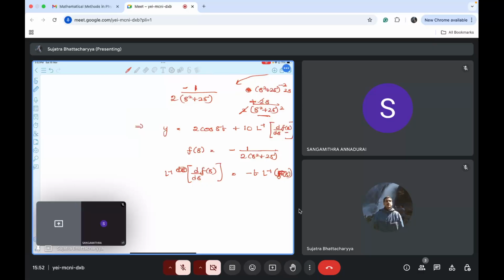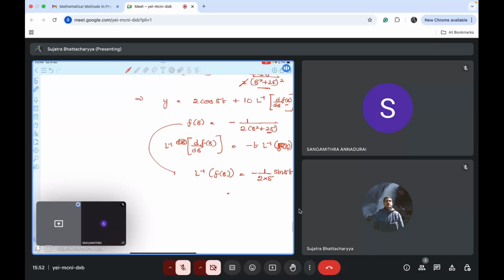And what is L inverse of F(s)? It is simply minus 1 by 2, leave it as it is, and there is a 5 square here, so multiply by 5 and this will be sine 5t. That's all. So what you get is minus 1 by 10 sine 5t.